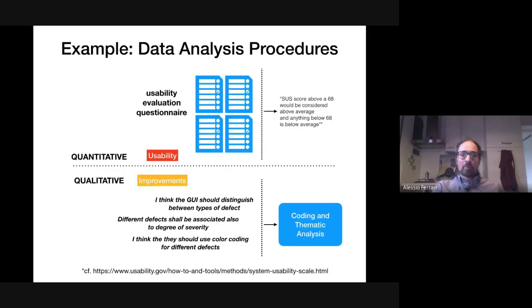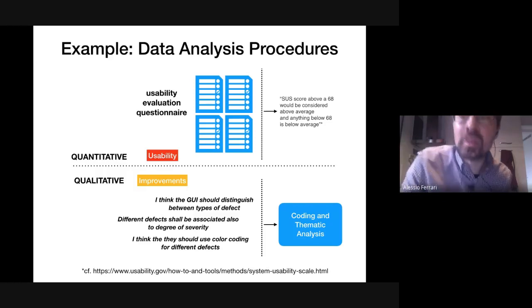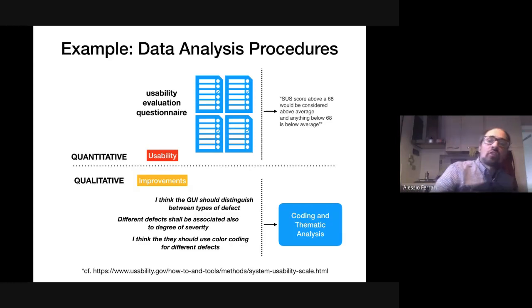For example, in our case, for usability, we consider all our questionnaires, and we know from this link that established the system usability scale, the scale is between 0 and 100. If the score is above 68, it will be considered above average, and anything below 68 needs to be improved.